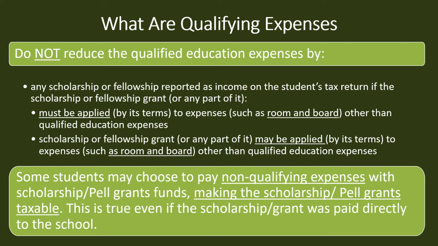In that case, for our student, if they're reporting that on their return as income, and the stipulations of that scholarship or grant say that it must be applied to expenses like room and board other than qualified educational expenses, or if it may be applied to those expenses like room and board that are not qualifying education expenses, our students don't have to reduce their expenses by those grants or scholarships.